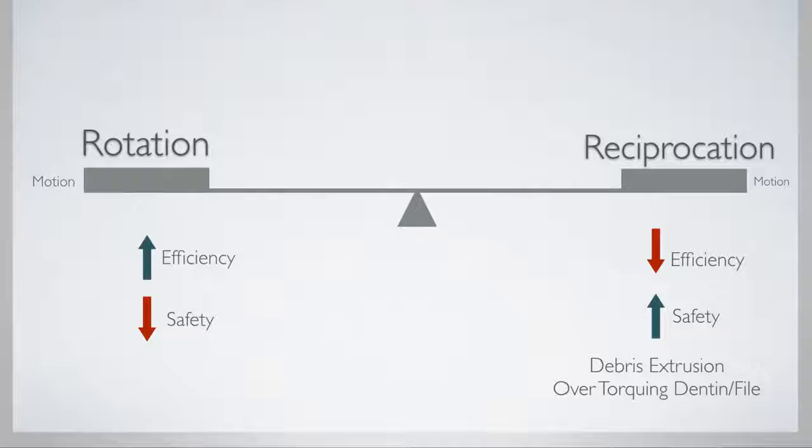And those problems are the problems of debris extrusion, because when you try to force one big file to the end of the root, you create a lot of debris that moves ahead of the file, and the file can potentially push that laterally as well as apically, and that could cause some issues with post-op pain as a result of this biofilm extrusion. Also, when you try to jam a big file down to the apex, you end up also over-torquing the dentin as well as the file.